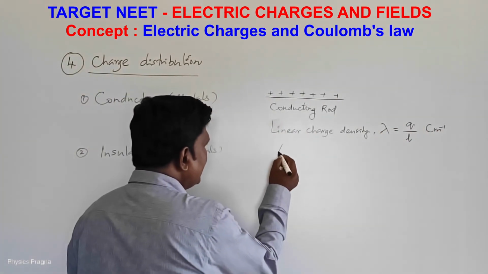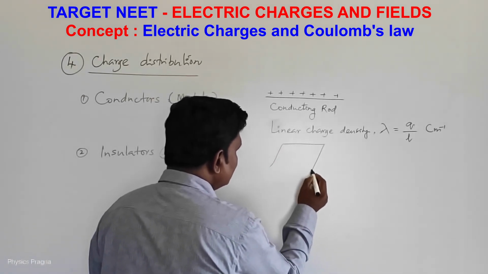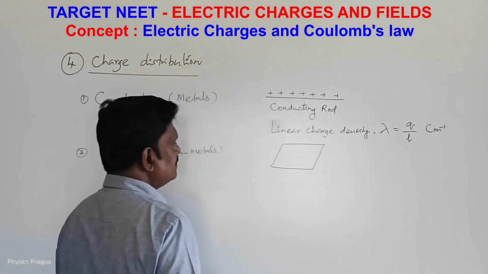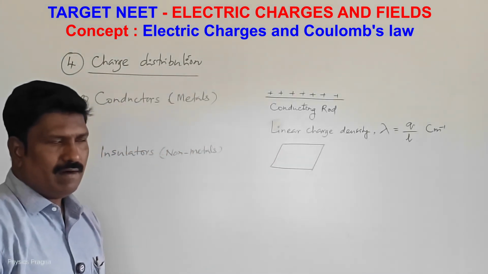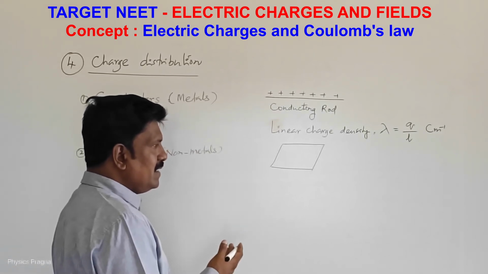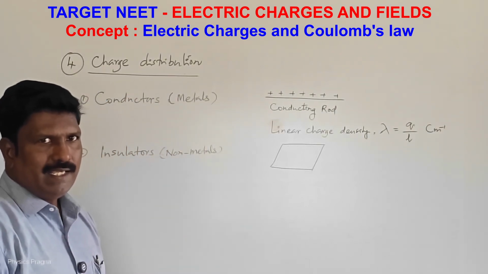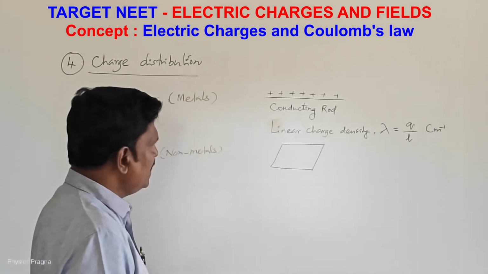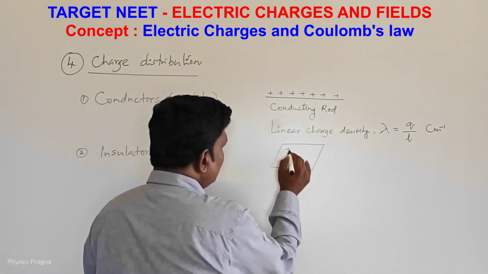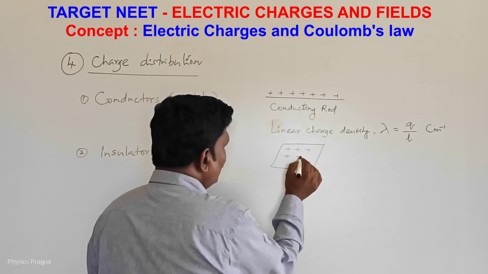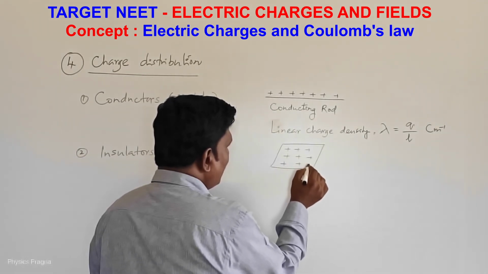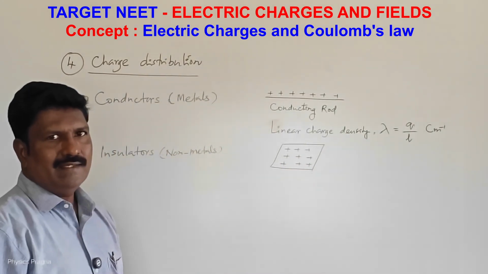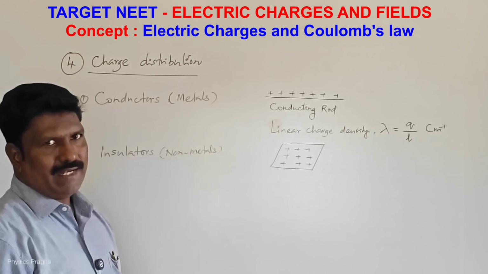This is linear charge density. If I take a conducting lamina, a plate, what happens in the plate? Area is dominant and thickness is very, very small. If I give charge to this, all charges will distribute on the area of this kind of body.